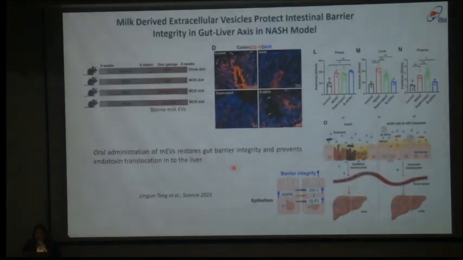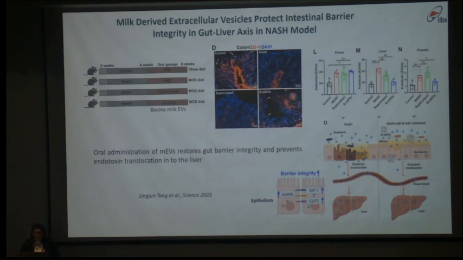So this is a Science study in 2023, showing that not only lemon or fruits and vegetables, even milk-derived extracellular vesicles protect the intestinal barrier integrity in a NASH model. They took the NASH model and gave bovine milk extracellular vesicles. They found that ZO-1 and Claudin-1, the tight junction proteins present on the epithelial cells, after giving the milk EVs, had increased expression.